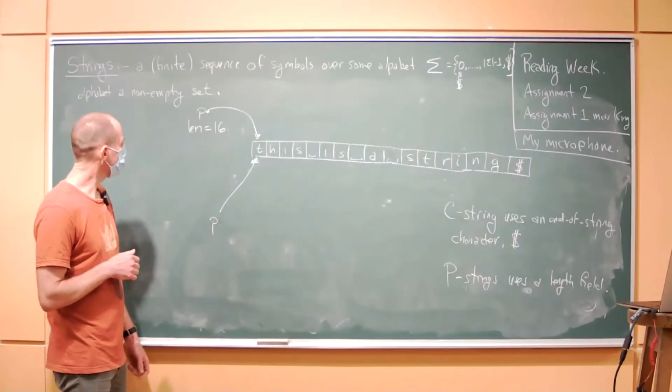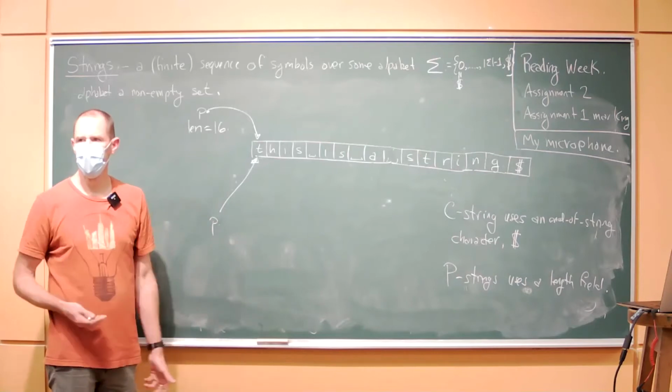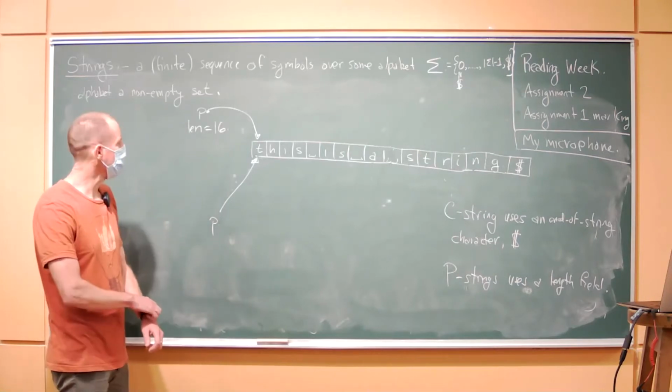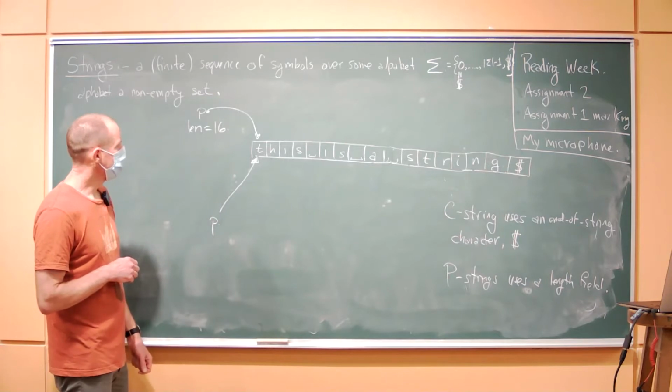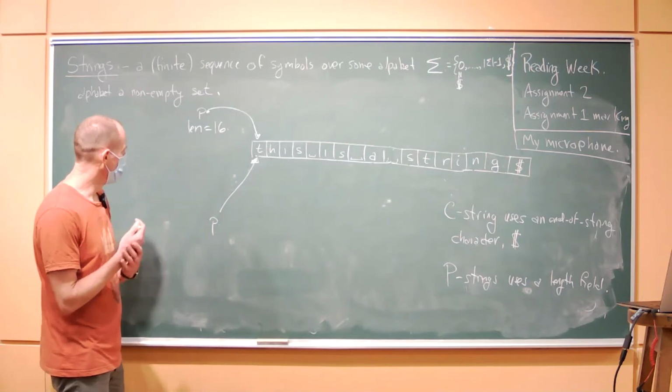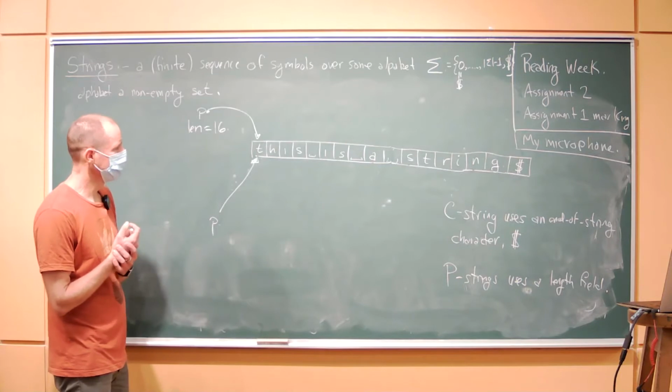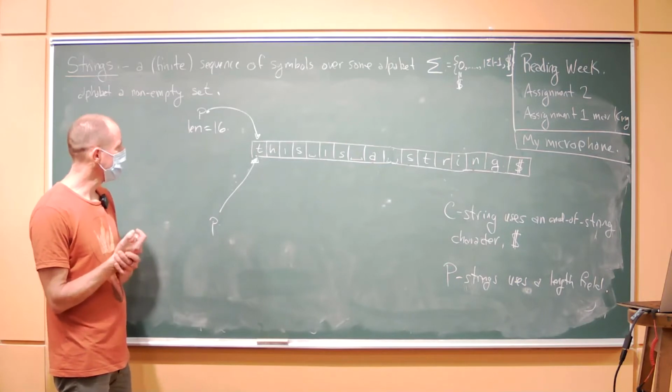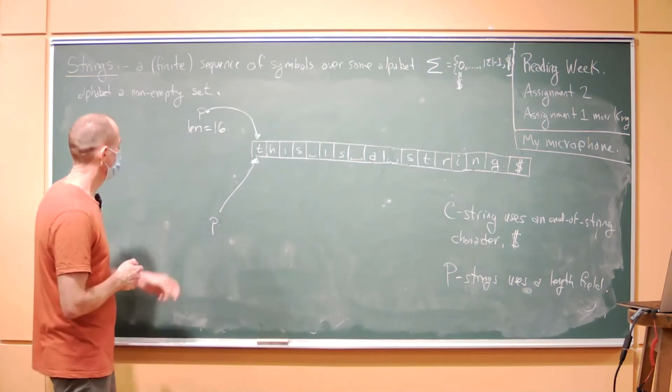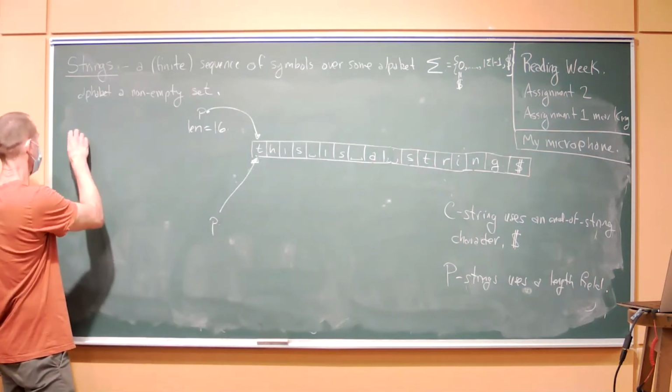Okay. Well, that's not critical. If you need to, you can write your own string class in Java that works better. All right, so what are the advantages and disadvantages? Well, P strings have a number of advantages.